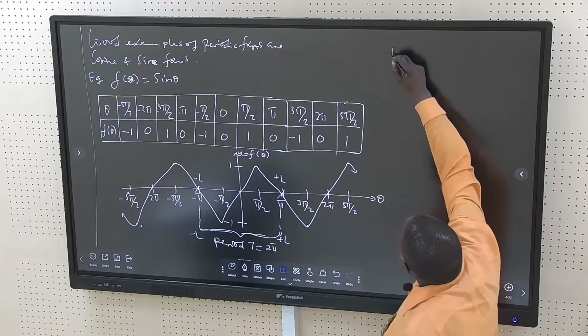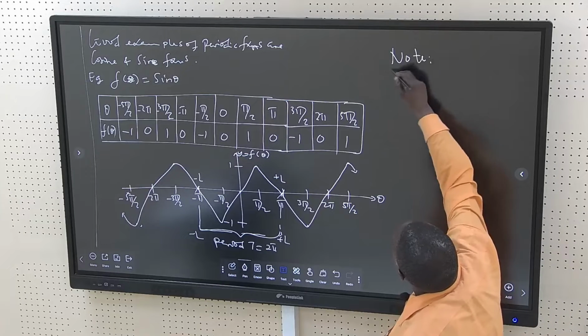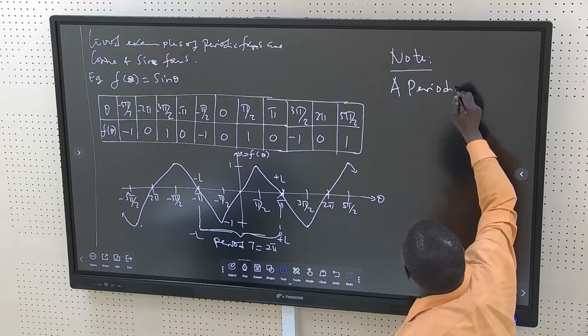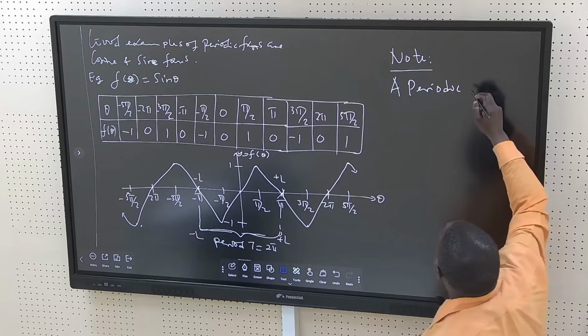A periodic function has the behavior of copying and repeating itself.